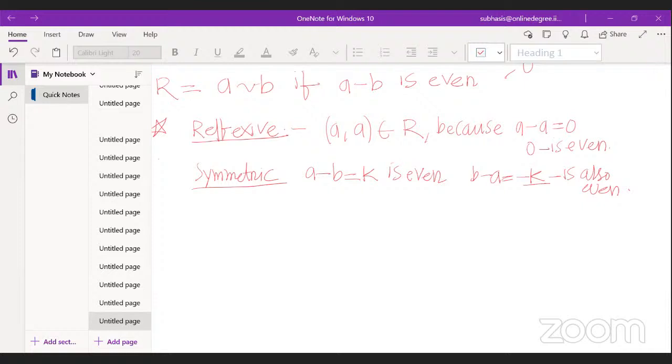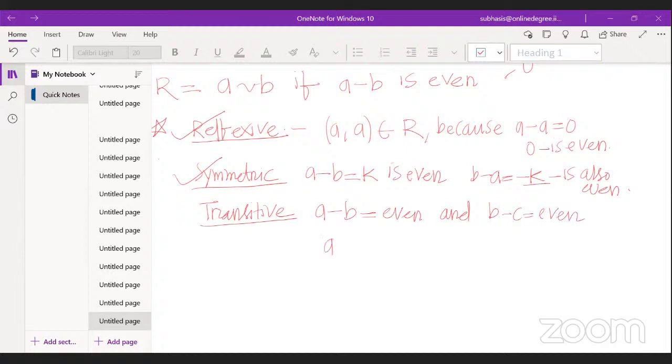So now this relation is reflexive and symmetric. The next thing is transitive. Whether this relation is transitive? Yes, sir, because suppose A minus B is even and B minus C is even.